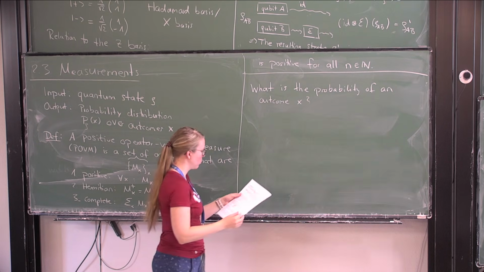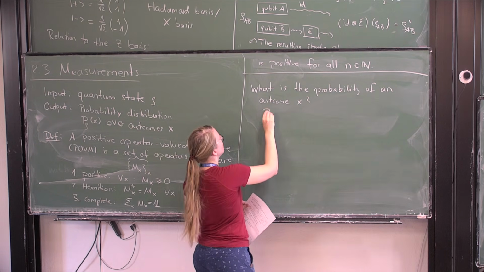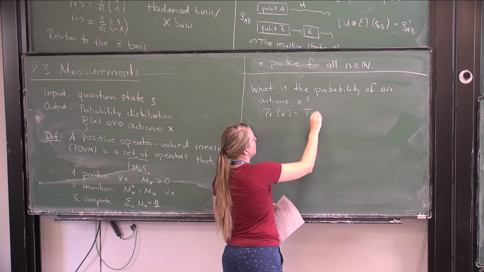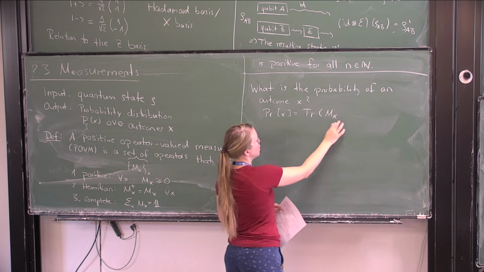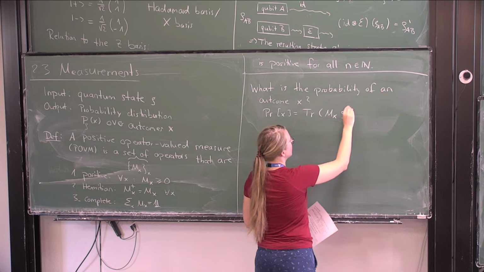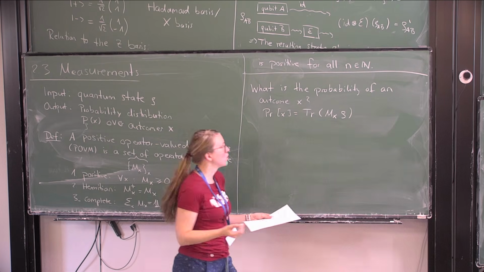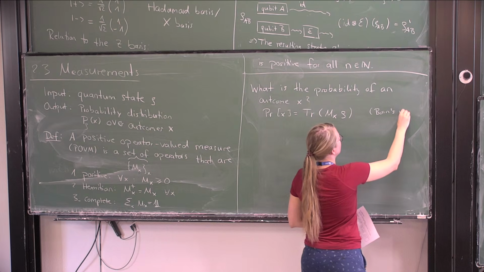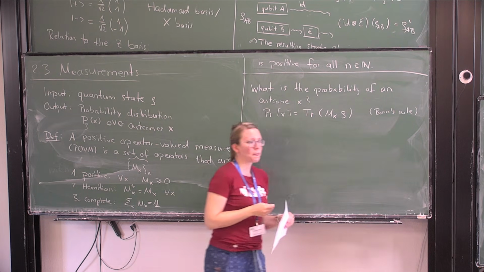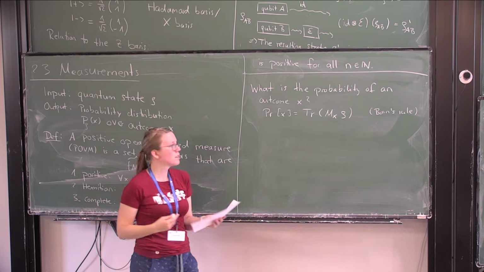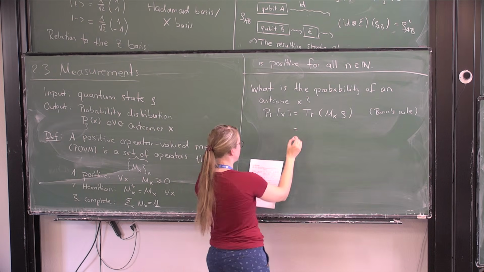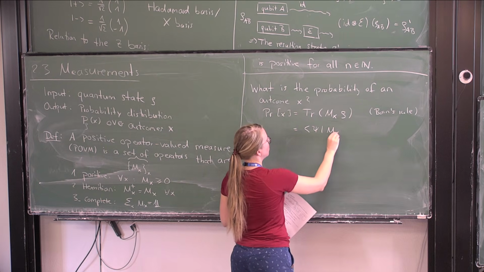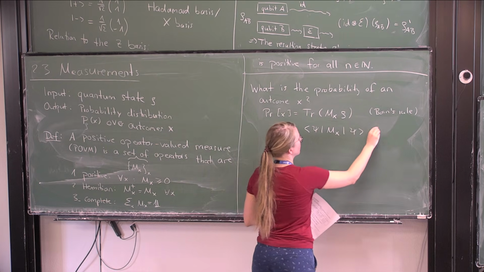And that one we get from the trace of the corresponding POVM element M_x multiplied by the quantum state of our system. This is called Born's rule. If my system is in a pure state, you can rewrite this as the expectation value of the operator with the quantum state.